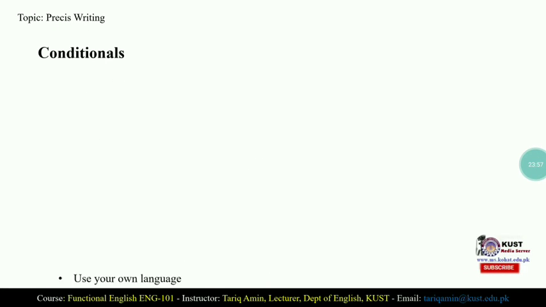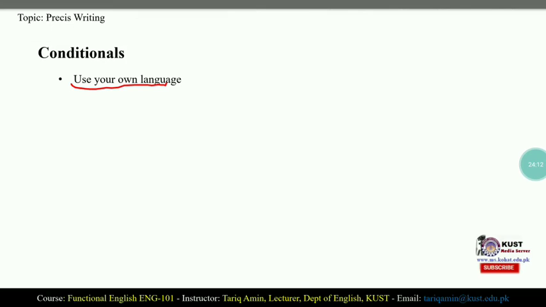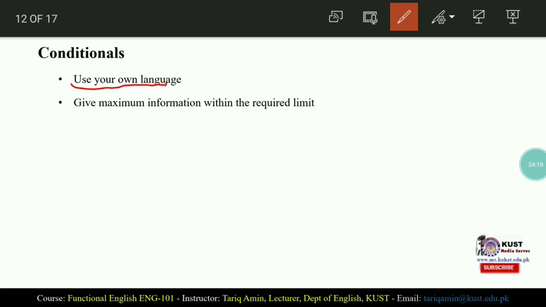Now, use your own language. You should use your own language when you write a précis of any piece of writing. It should be in your own words. It should be in your own structures. And after that, give maximum information within the required limit. The length of the original piece of writing would determine the required limit of your précis.